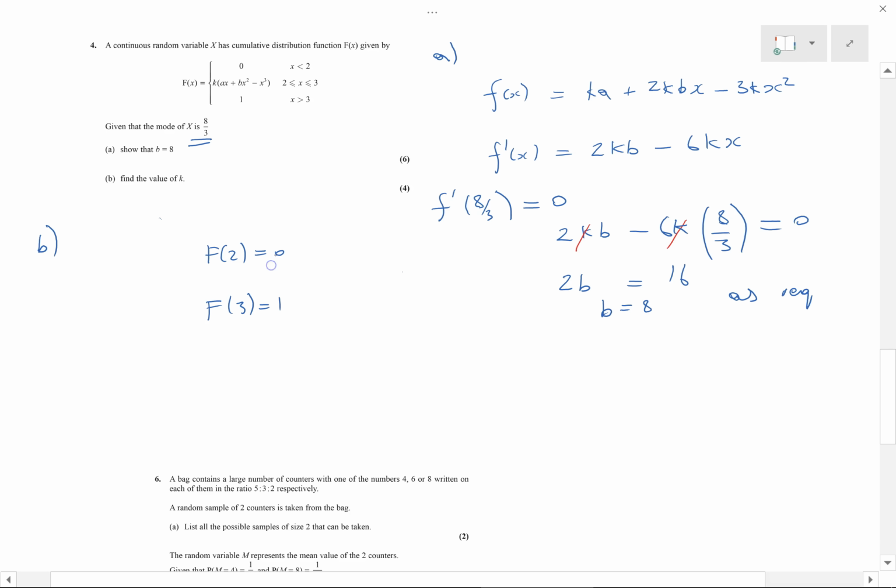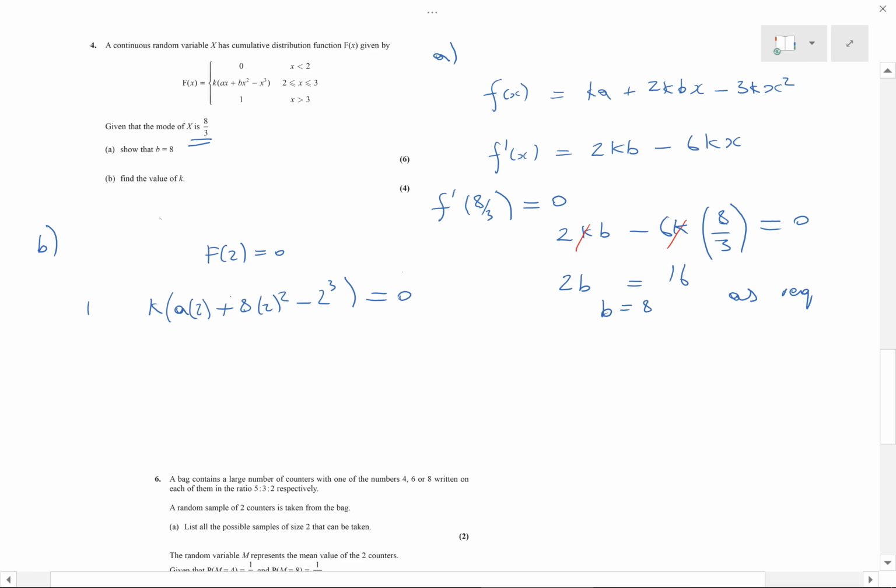So we're going to use the fact that f(2) equals 0 first. We now know that b is equal to 8. So f(2) equals 0, so we've got k times a times 2 plus b, but we know b is 8, times 2 squared, minus 2 cubed equals 0.